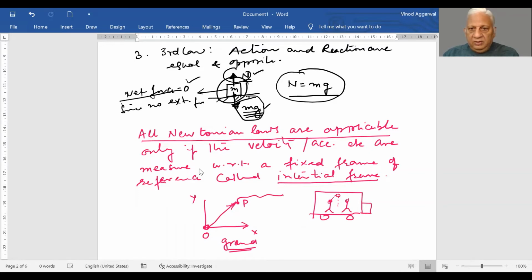You see him at rest with respect to you, right? But the bus is moving. So what happens is, you are in a bus with this reference frame, whereas the bus is actually moving with respect to another frame. If we call this frame O dash O.